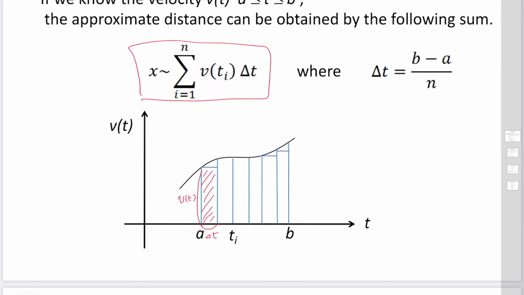The area of the rectangle can be calculated: v(t) times delta t. So we can calculate the area of the rectangle.